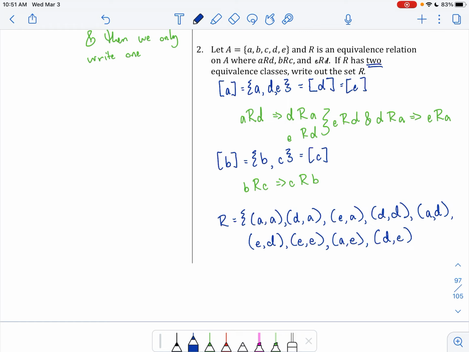So those would be the 3 elements that are all equal for the first one.